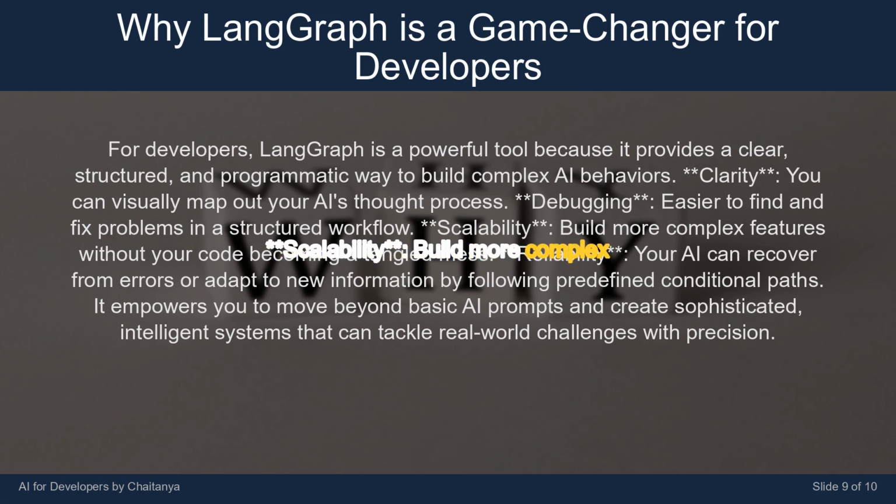Build more complex features without your code becoming a tangled mess. Reliability. Your AI can recover from errors or adapt to new information by following predefined conditional paths. It empowers you to move beyond basic AI prompts and create sophisticated, intelligent systems that can tackle real-world challenges with precision.